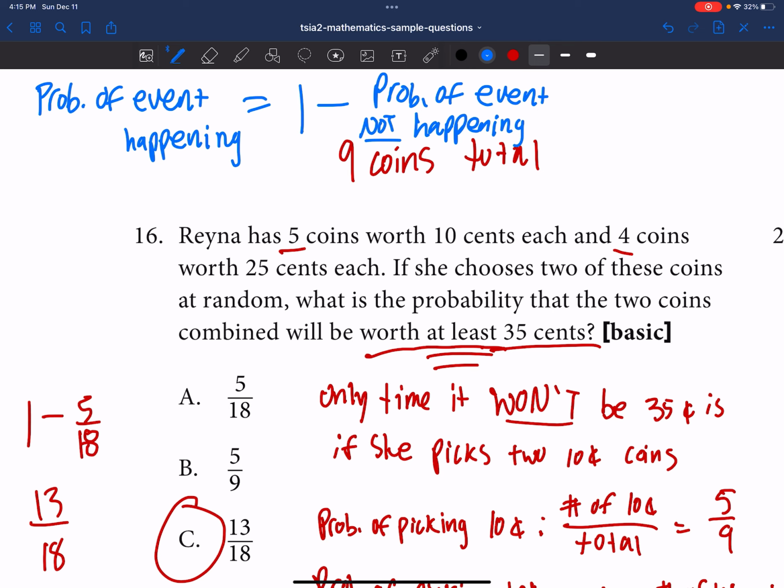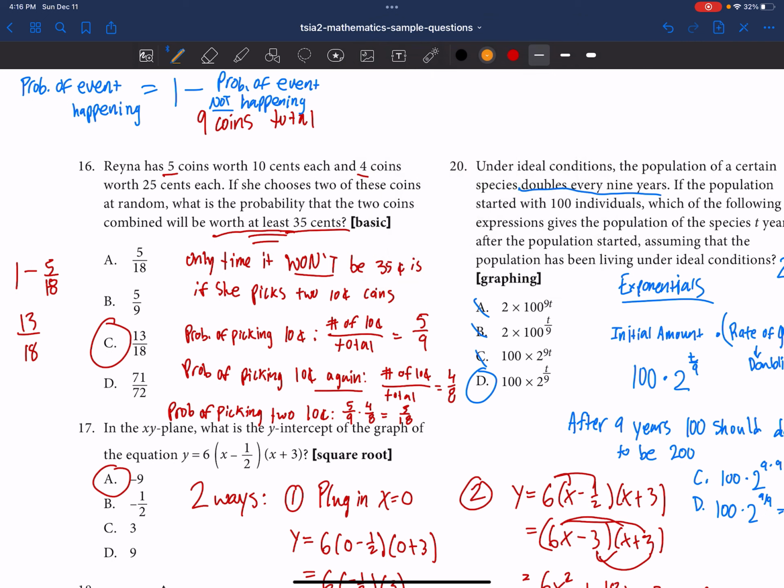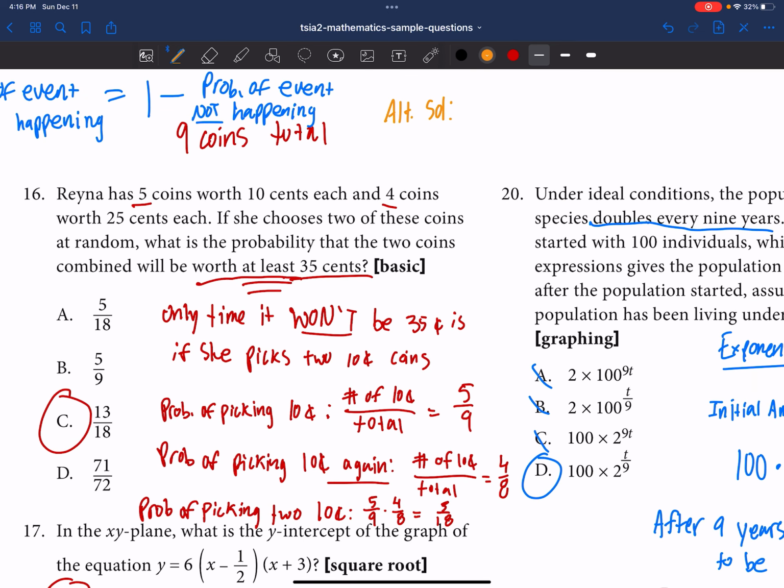So actually, to show this one more way, I guess an alternate solution might be: the probability that she picks a quarter would be 4/9, and I'd multiply that by the probability that she picks another quarter, which would be 3/8.